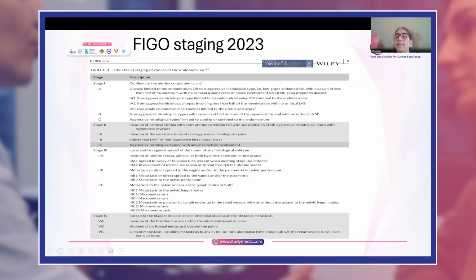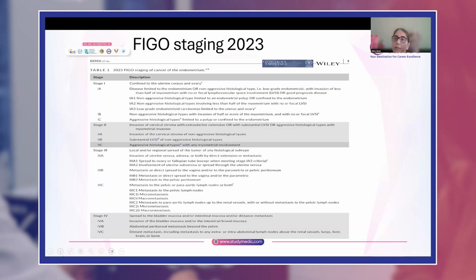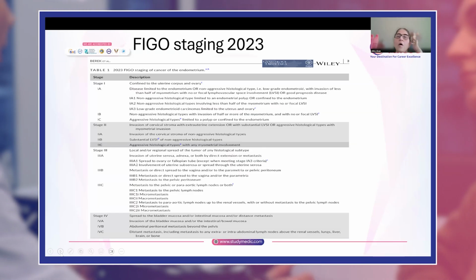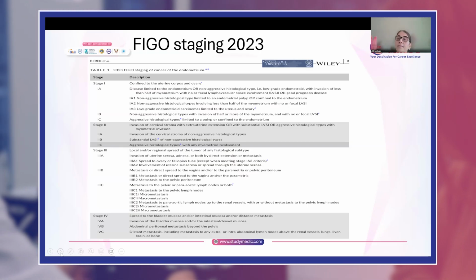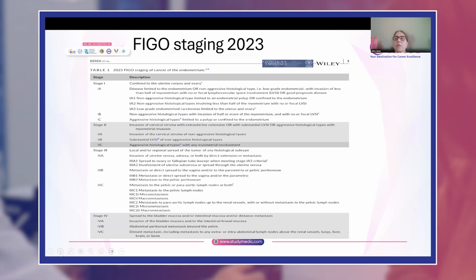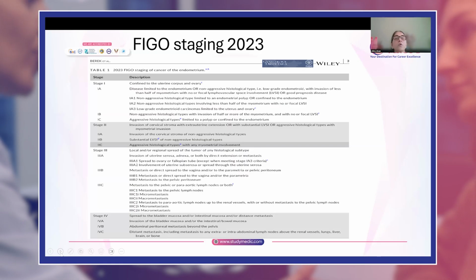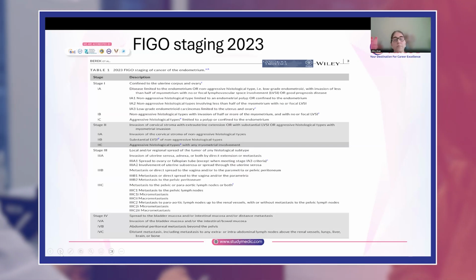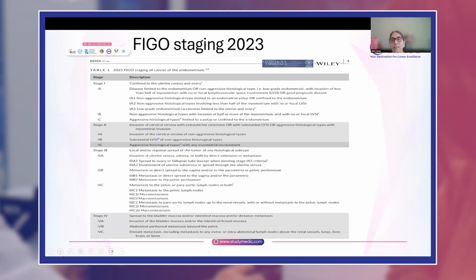Now, what is 1A1? Whenever it is a non-aggressive histological type, limited to an endometrial polyp or confined to the endometrium. So even if it is there in the polyp, you will still say it is stage 1A1. 1A2: of course, stage 1 will always be non-aggressive histological types. It involves less than half of the myometrium, no focal LVSI.